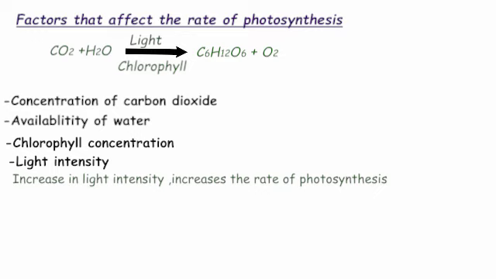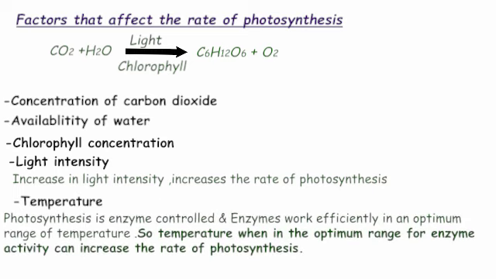We shall get to know that when we go into limiting factors. Next is temperature, and what you need to know is that photosynthesis is an enzyme controlled process, and enzymes work efficiently in an optimum range of temperature. So when temperature is in that optimum range for enzyme activity, it can lead to an increase in the rate of photosynthesis.